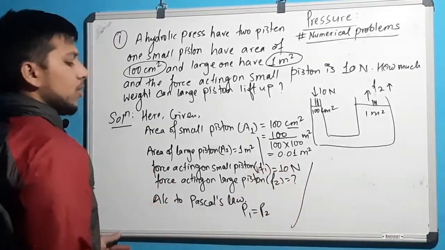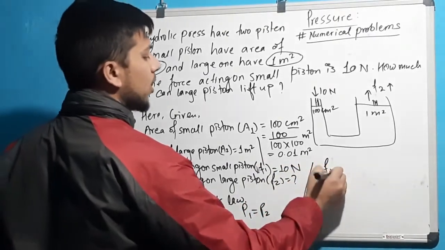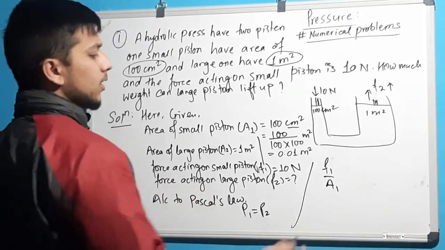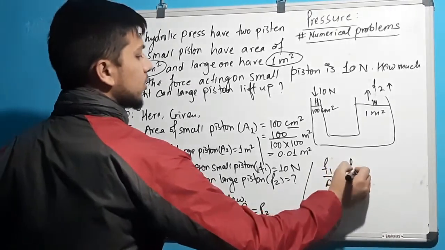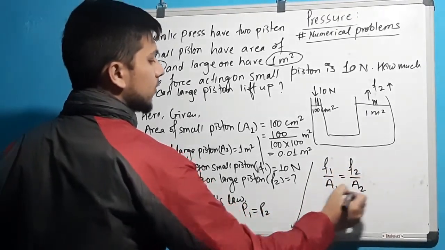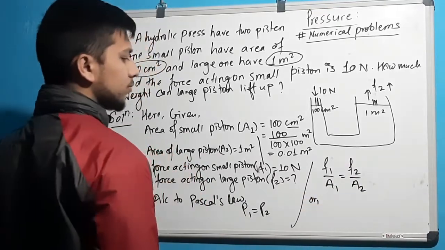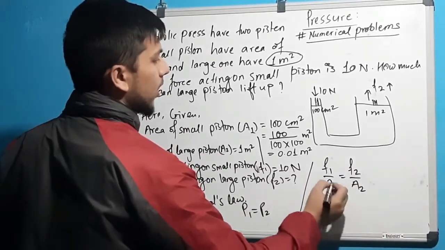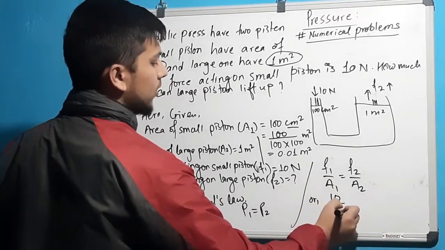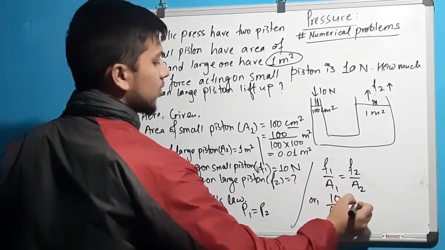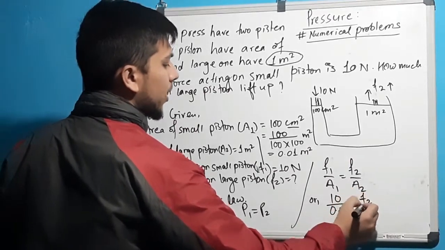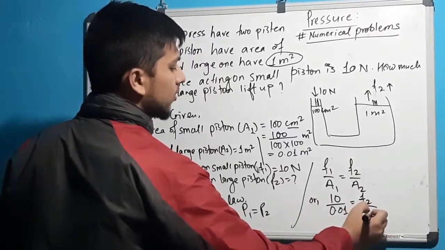Now, P1 equal to F1 upon A1. Pressure means force upon area. Then F1 means 10 upon A1 means 0.01 equal to F2, which we have to find, upon A2 means 1.